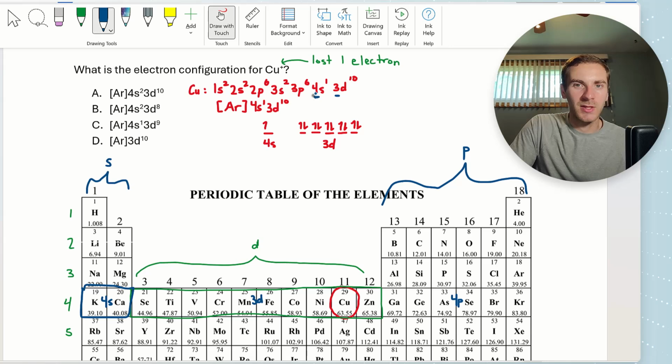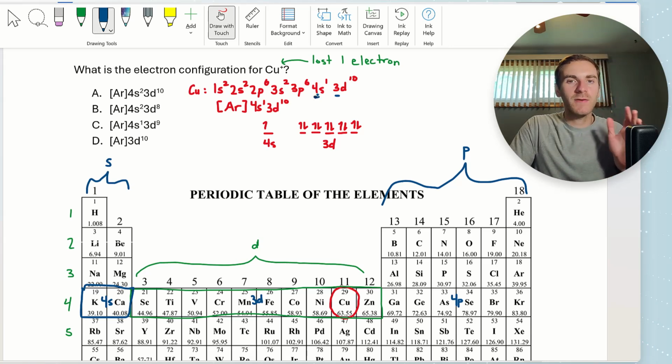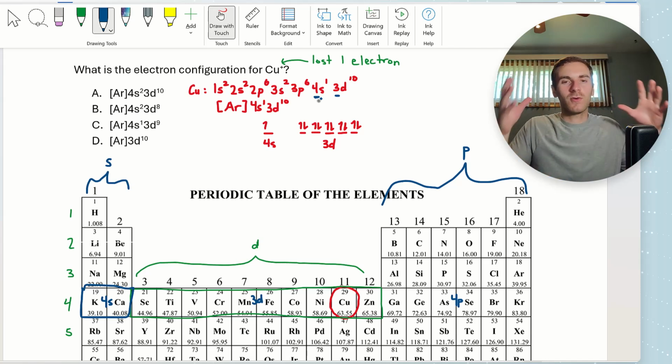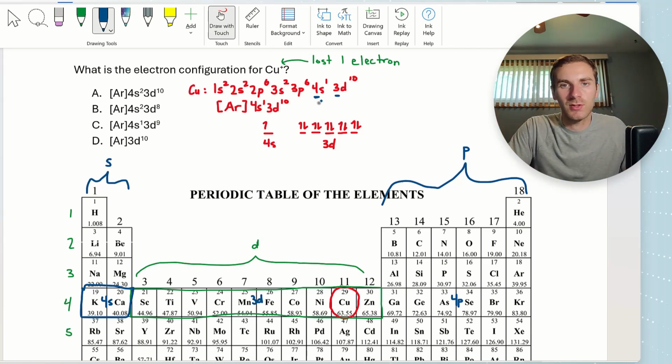These are in the fourth energy level. Think of the Bohr model. And these are in the third energy level. So these ones in the 4s, they're farther away from the nucleus. Those, or I guess there's only one in this case, is the valence electron. It's in the outermost shell.